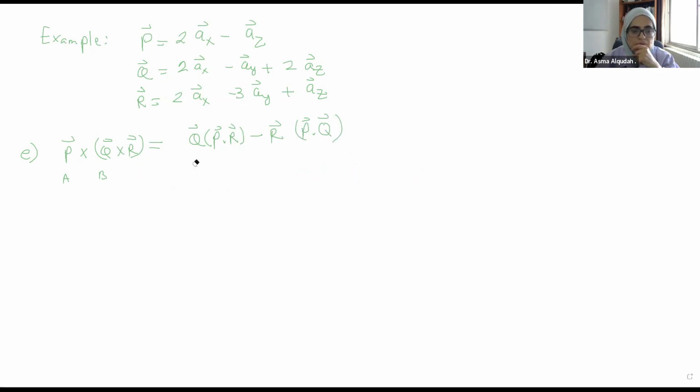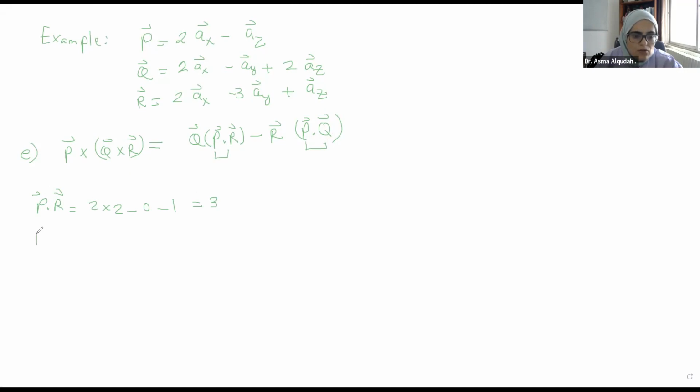Okay, now first we need to find the dot products, P dot R and P dot Q. So P dot R is equal to what? P and R, we have 2 times 2, minus 0, plus minus 1. Okay, so it's 4 minus 1, which is equal to 3.